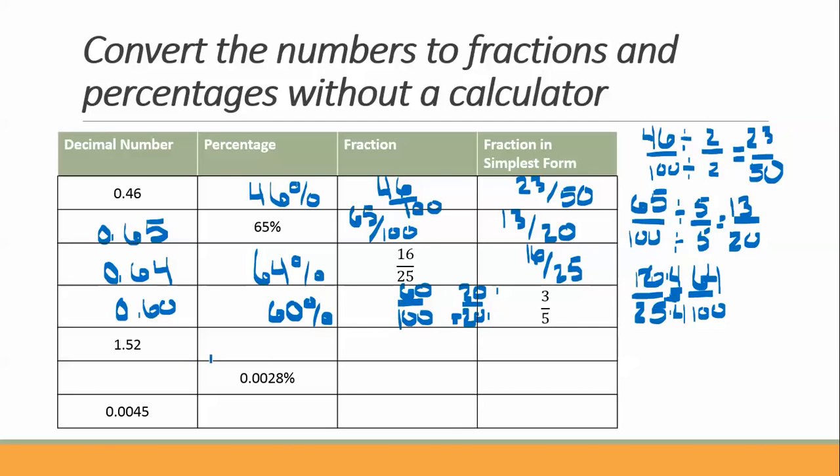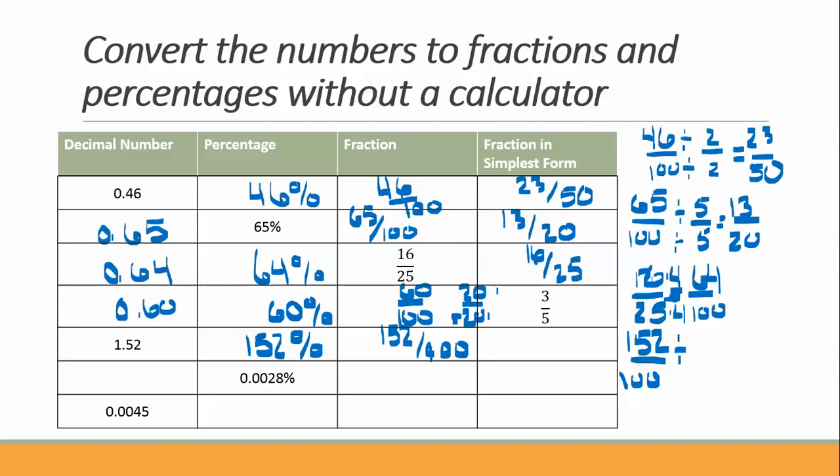Our fraction for 1.52 is 152 over 100. So that means it's 152%. Now we need to find out what 152 over 100 is in simplest form.